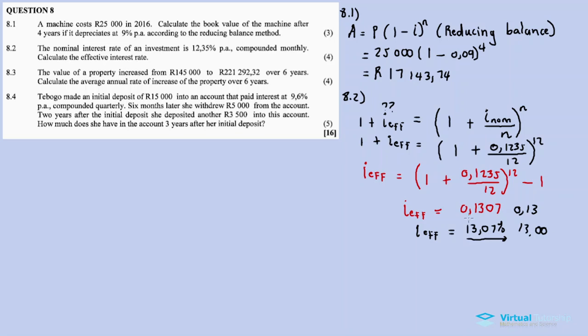So always write all 4 decimal places, and only after that give the final answer as a 2 decimal place percentage. Right, so this is our effective interest rate. At the end of the year you get 13.07% if your nominal interest rate is 12.35%.